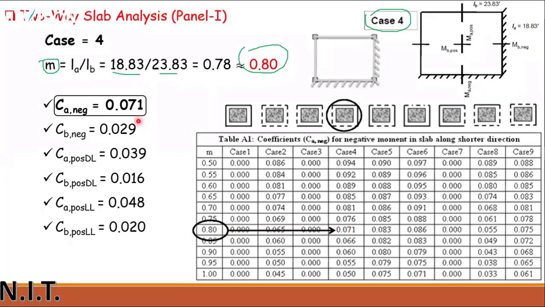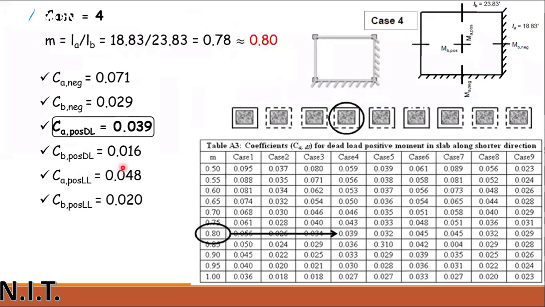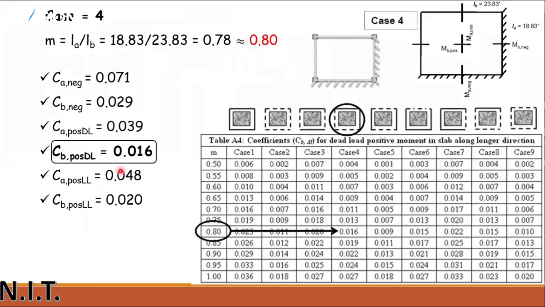Clear? Similarly, Cb negative is 0.029. Ca positive dead load is 0.039. Similarly, Cb positive dead load is 0.016 for case 4 and M value 0.8.